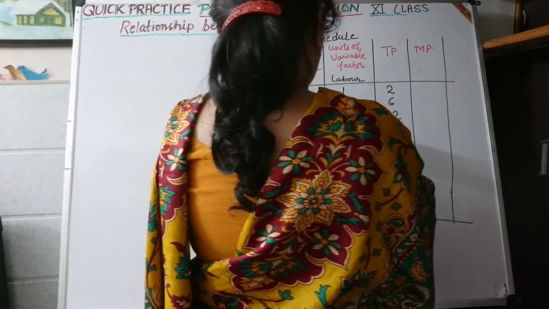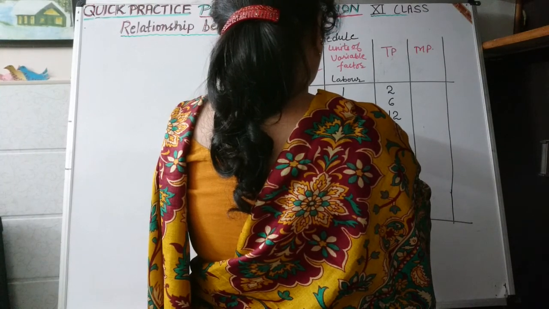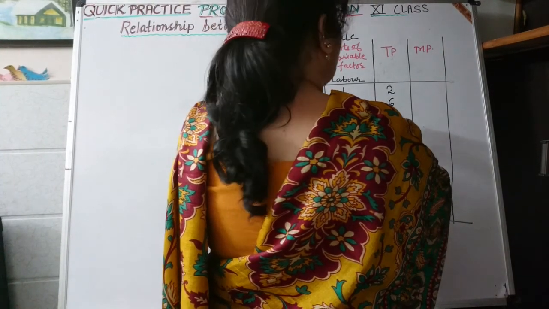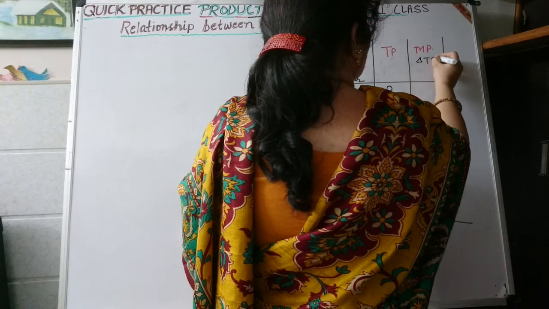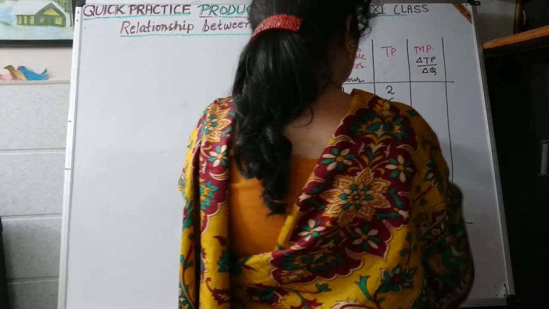Then marginal production. We know marginal production can be calculated as change in total production divided by change in quantity.